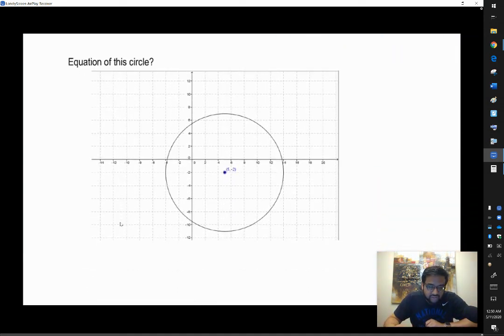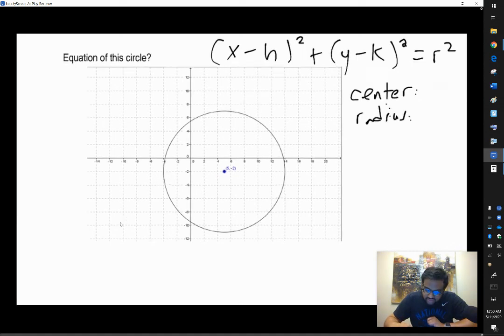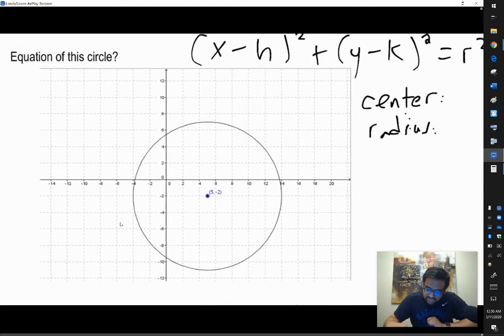What is the equation of this circle? The equation I just wrote is a pattern that we're going to fill in. So here's our pattern. There are 2 things we need to apply this pattern. We need the center and we need the radius. In general, the center is called h comma k, but we know the center of this circle. The center of this circle, if you look carefully here, is given to us at 5 comma negative 2.